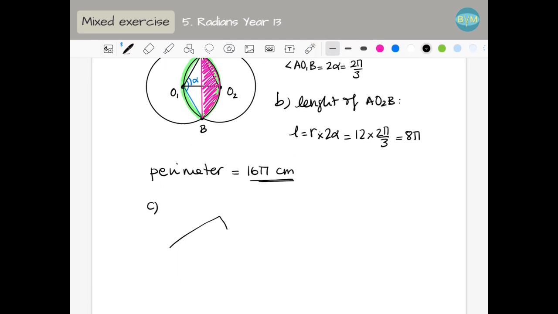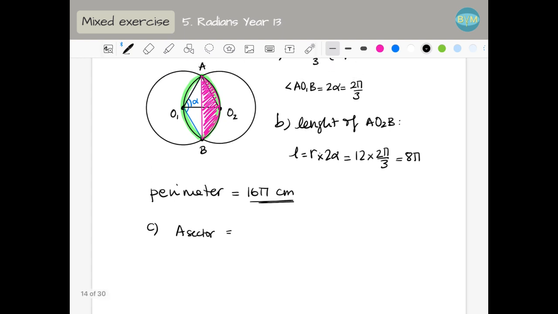Remember, the area of a segment is the area of the sector minus the area of the triangle. So the area of the sector is going to be 1/2 r squared theta. So it's going to be 1/2 times 12 squared times theta, that is the angle in between, 2 pi divided by 3.